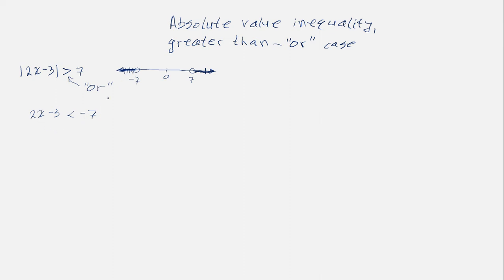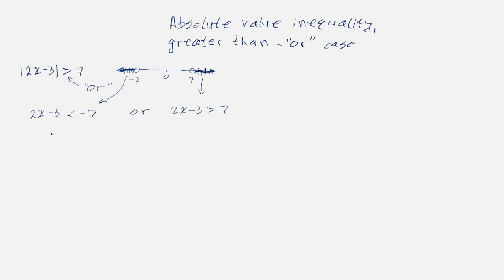So that inequality comes from that side. Or 2x minus 3 has got to be greater than positive 7. That's for any number there. So now we have two inequalities and then we just need to solve each.